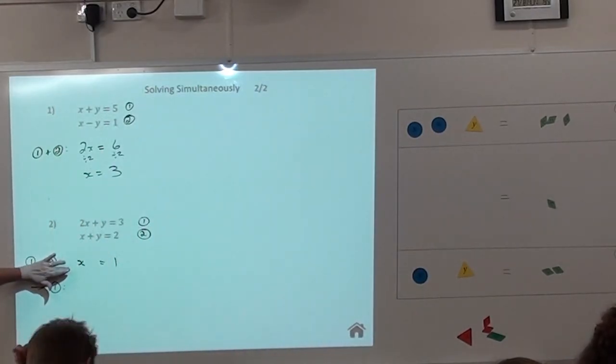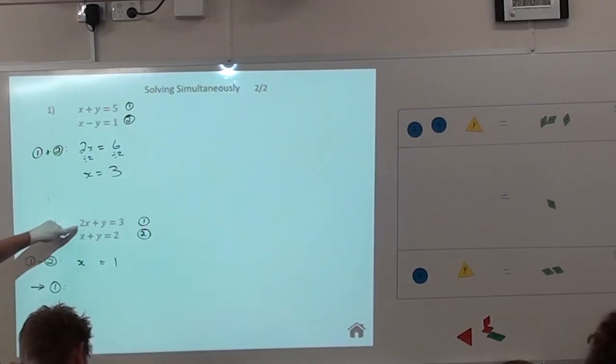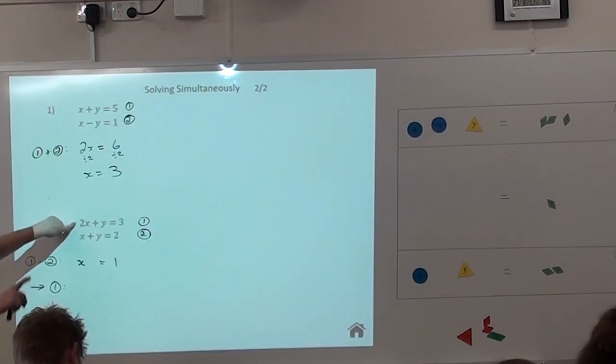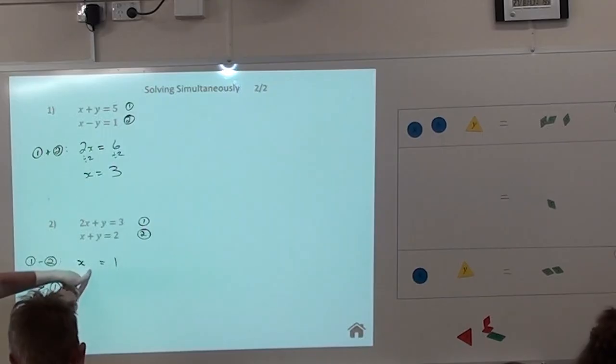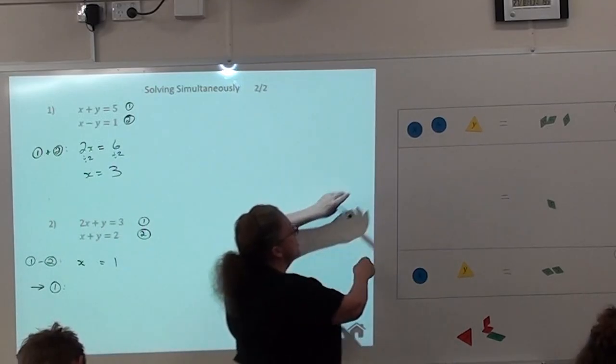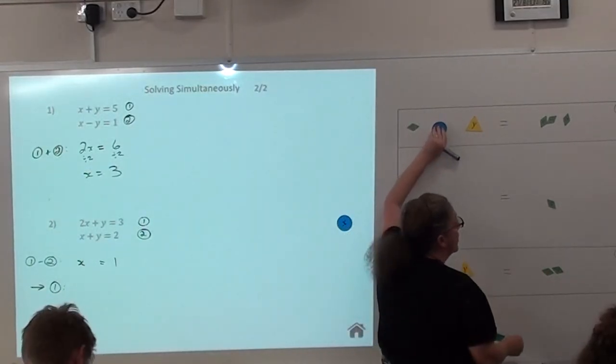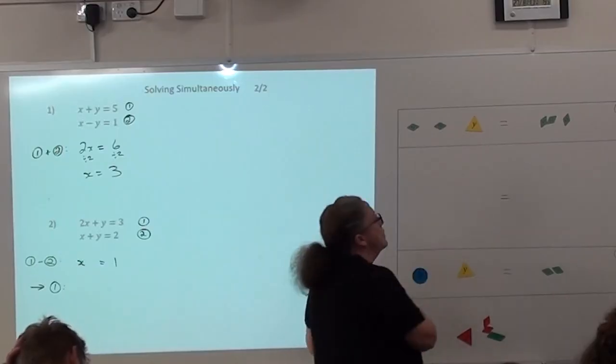If you didn't follow the step I just did, just hang in there for the minute. You might just need to take this on trust for the moment. What I've done is I've rebuilt equation 1. And I think this is the answer, so I'm going to substitute that answer into equation 1. So I'm going to replace x with 1, and of course the other x also with a 1.